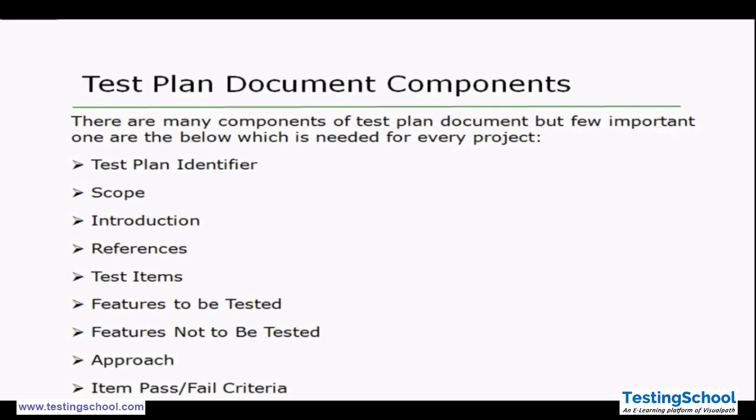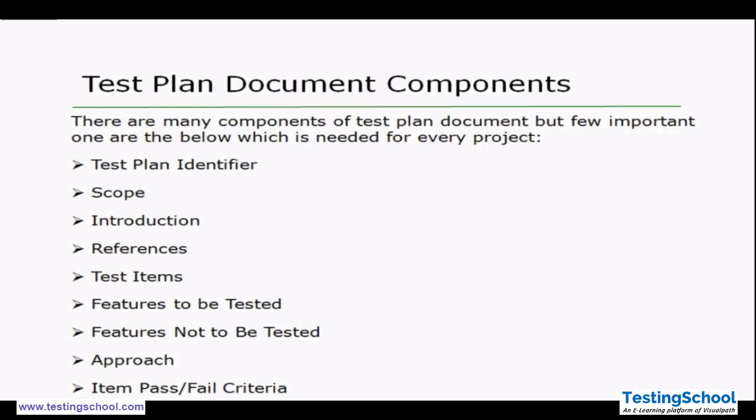We should have a test plan identifier, any particular ID you can say. On the basis of that identifier, we find our test plan. Then the scope of the testing: when we are going to start, when we are going to finish, and what our scope will be for this testing.